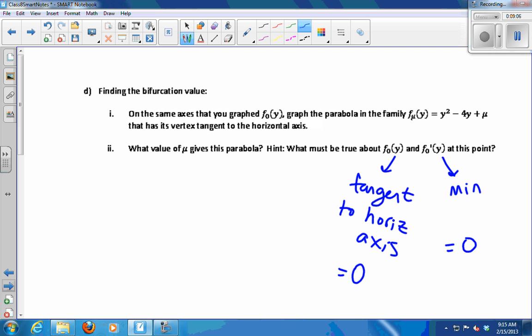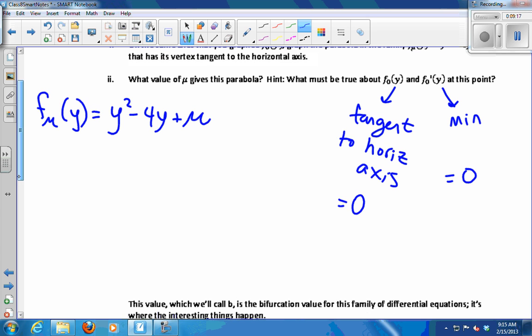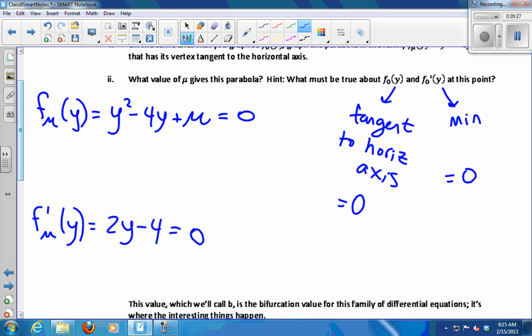I could say, well, f sub mu of y is y squared minus 4y plus mu, and f prime is 2y minus 4. These things both have to be 0. And I have 2 equations with 2 unknowns, y and mu, so I can figure out what they both are. So here, solve for y, and I get y is 2.